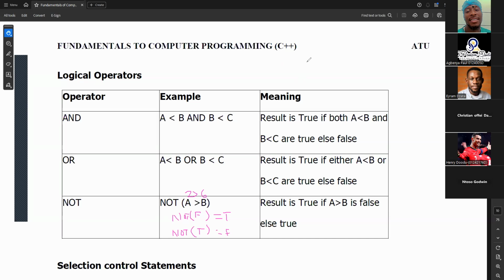So for instance, the example that we had, I can put the entire expression into brackets and put a not before it.